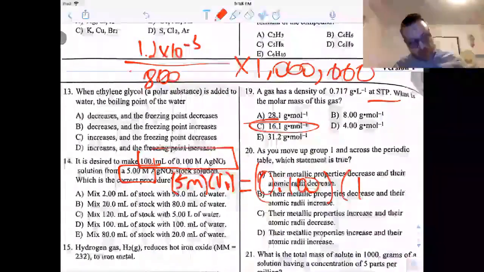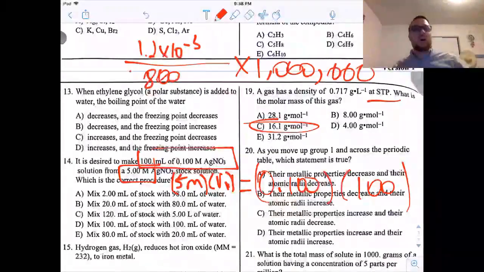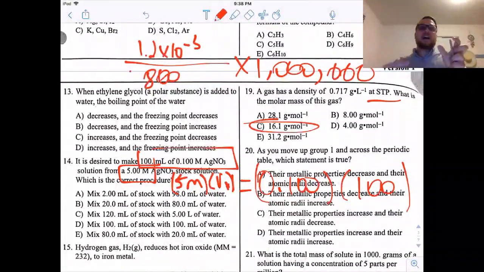So if I do 5 divided by 0.1 times 100, I get 0.5. Is that right? That doesn't feel right. Hold on. No, because I did that backwards. If I do 0.1 times 100 divided by 5, so show your work, divide both sides by 5, I get 2.